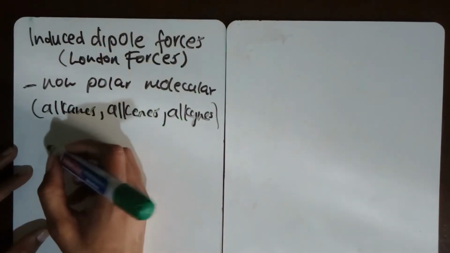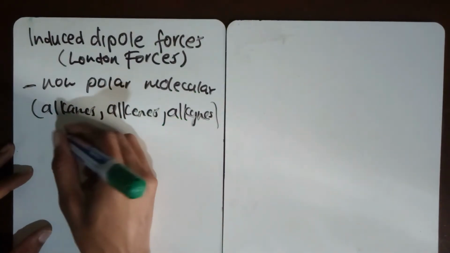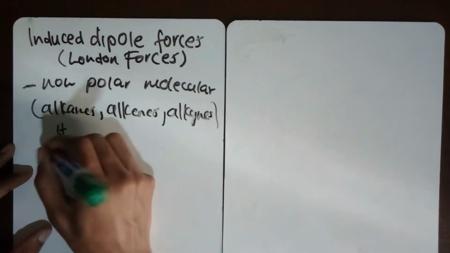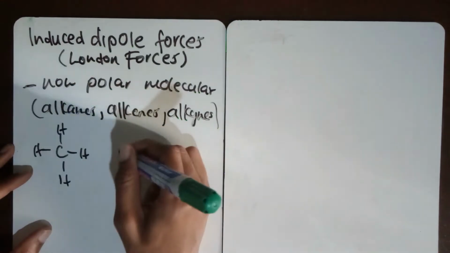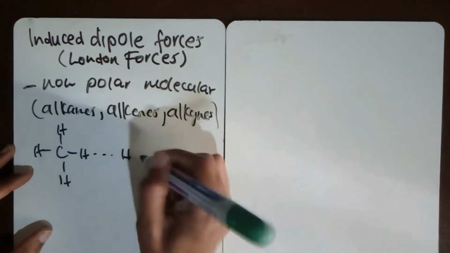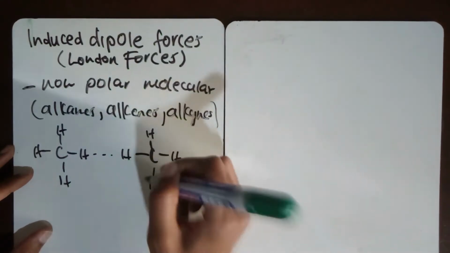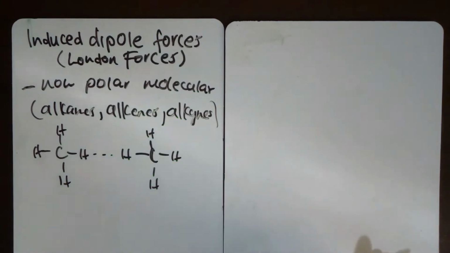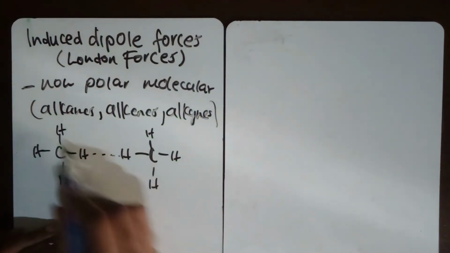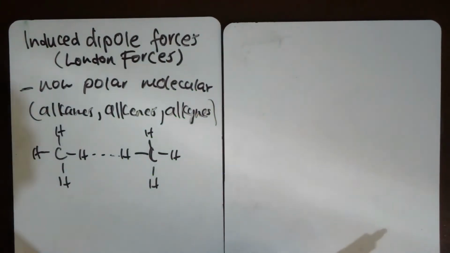And we've already taken an example. You can take an example between two methane molecules as earlier. So those types of forces that will occur between these two methane, it can be ethane or whatever, we will call them induced dipole forces.